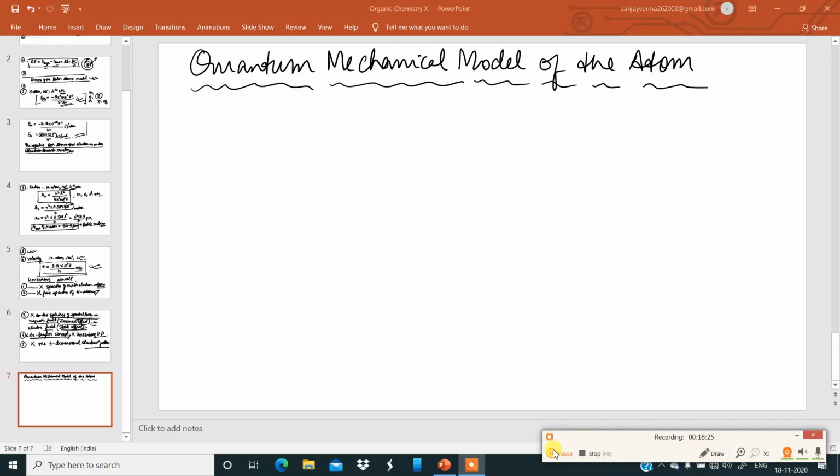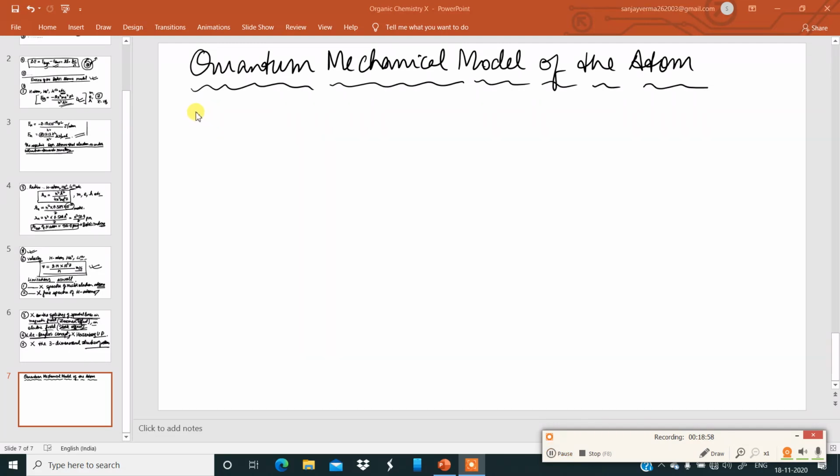This is a new branch of science based on the dual nature of matter and Heisenberg's uncertainty principle. It is called quantum mechanics or wave mechanics, and it has been able to overcome the limitations of Bohr's atomic model.